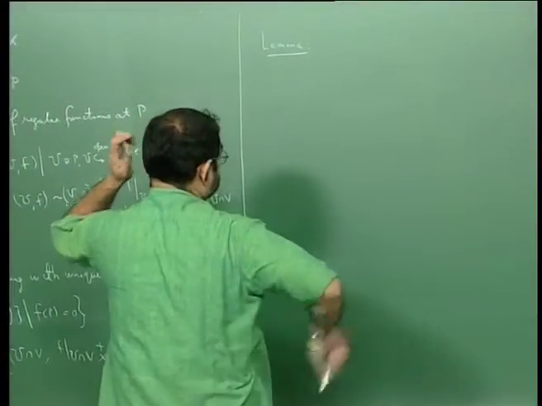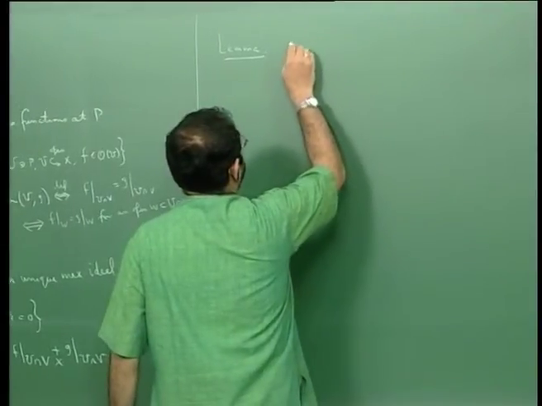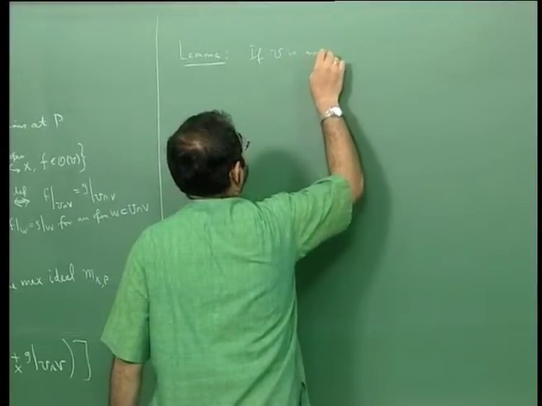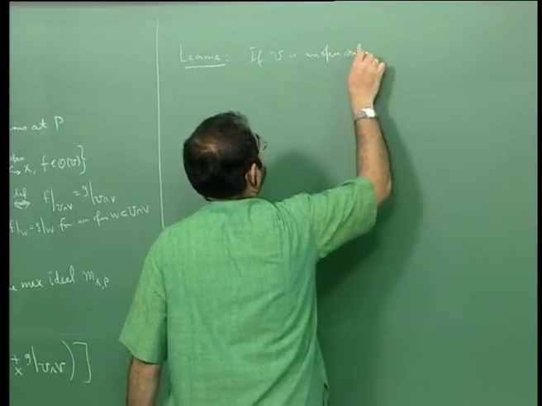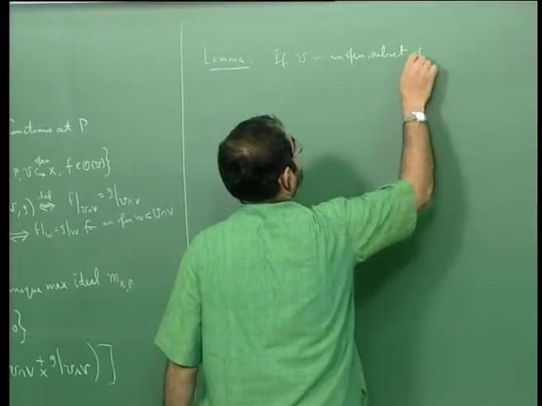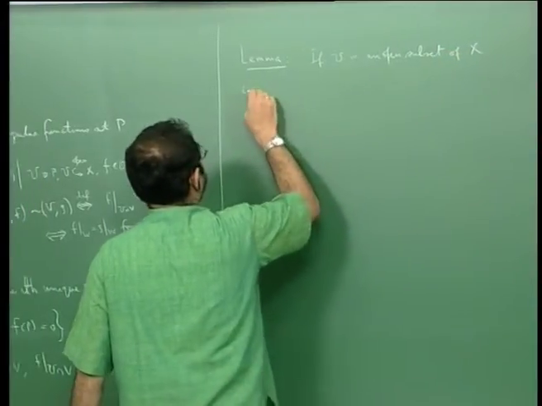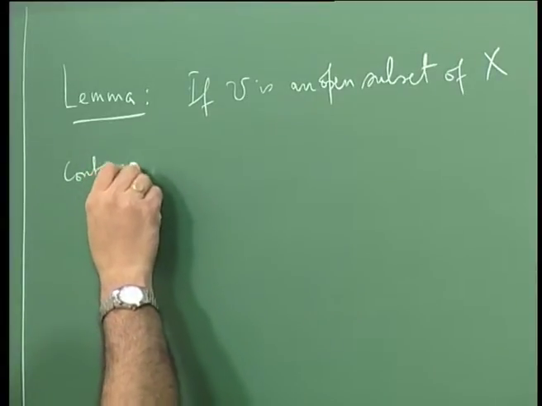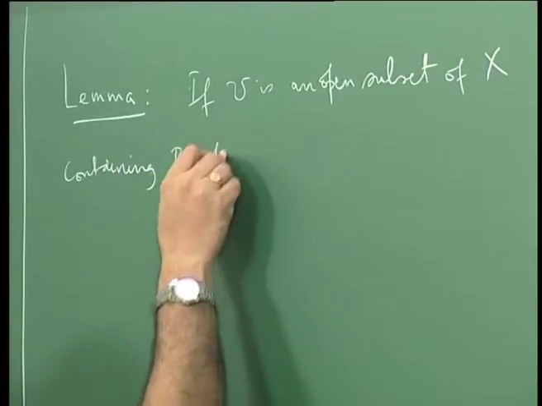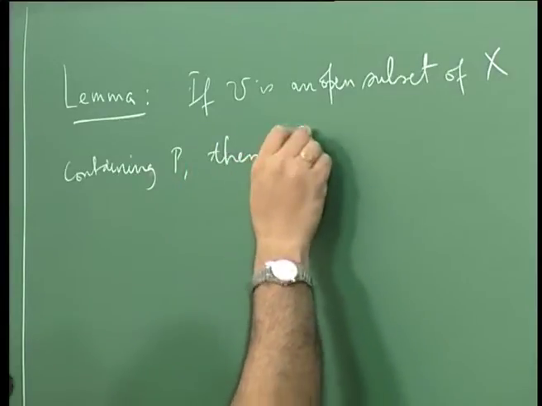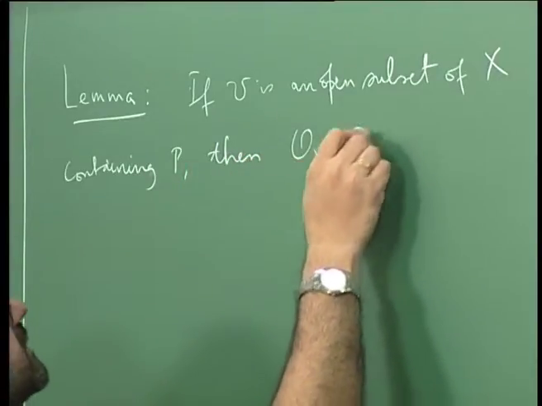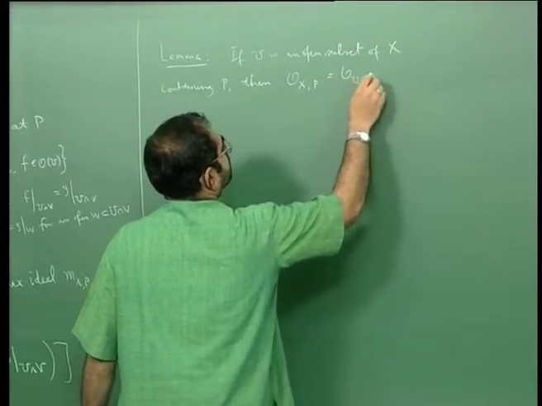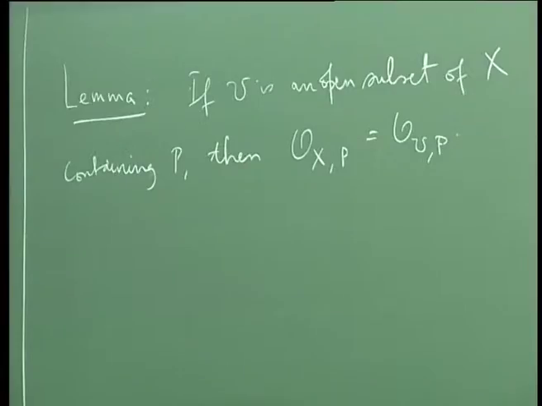Now the lemma is the following: if U is an open subset of X containing P, then O_{X,P} is the same as O_{U,P}, okay.